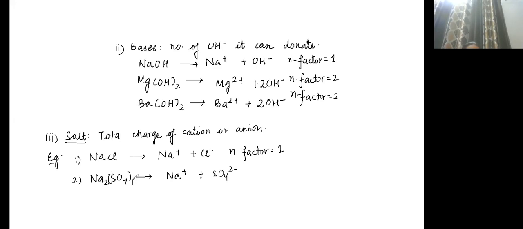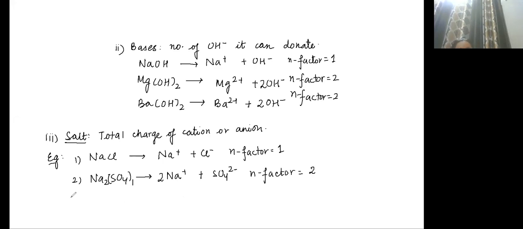This is 1, so 1 will go, this will be 2. How many sodium are there? 2, so multiply by 2. So what will be its N factor? There are 2 positive charges or 2 negative charges. It's your wish whether you want to see the positive part or the negative part. Both are correct. So N factor will be equal to 2.